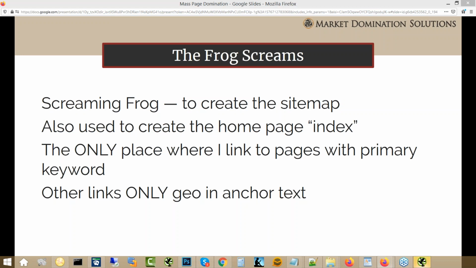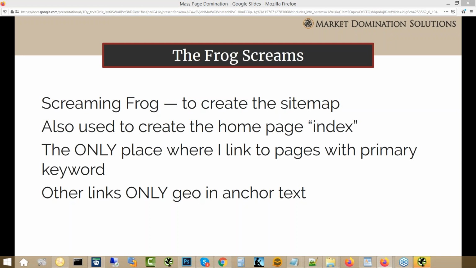So let me just talk about on-site linking for a minute, because this is really, really important. One of the things that I don't hear very often, but I hear it more in the mass build areas than I hear it in the regular build areas, is if you have, let's say your primary keyword is AC repair, because we were just talking about AC and HVAC a second ago.